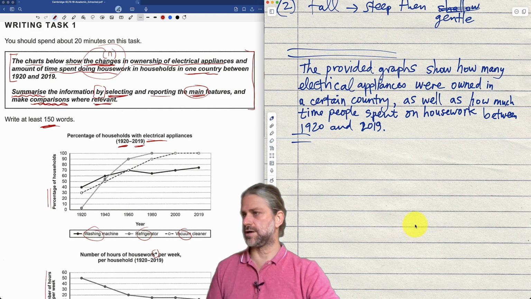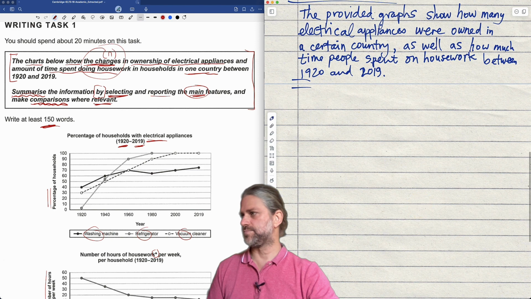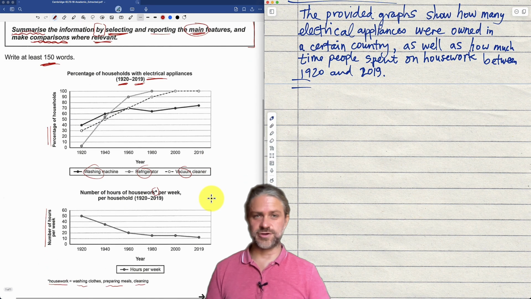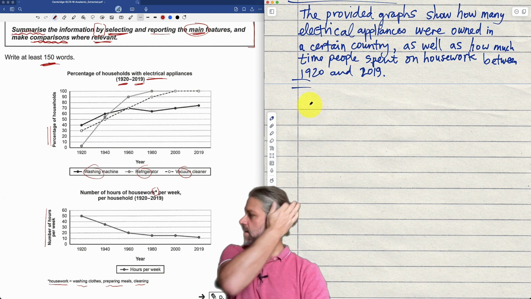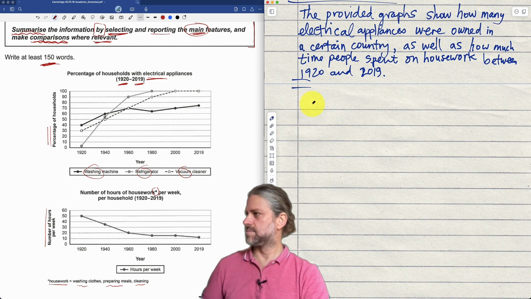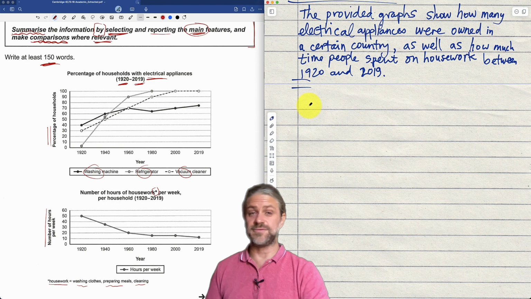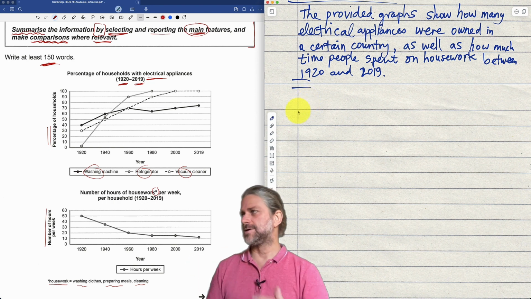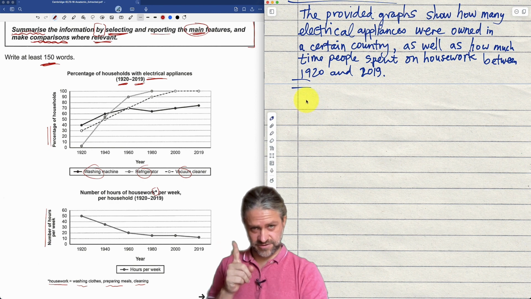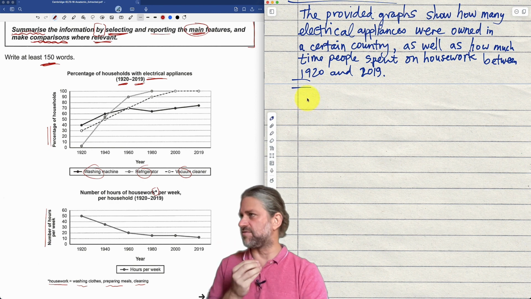Okay, so let's start with talking about the first graph here, and very general, a big overview of this. So we're going to be focusing on graph number one.